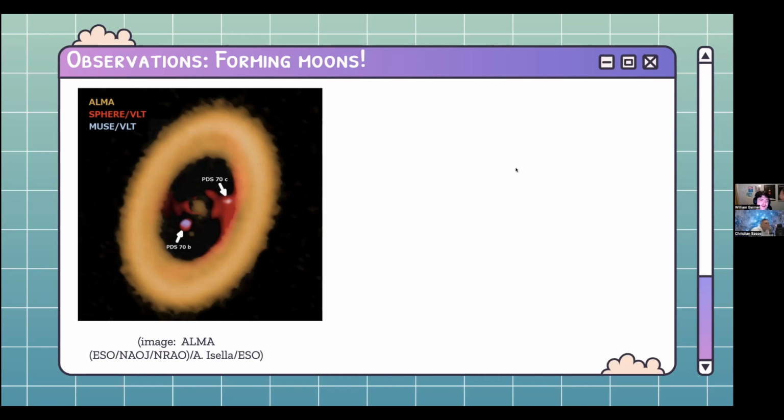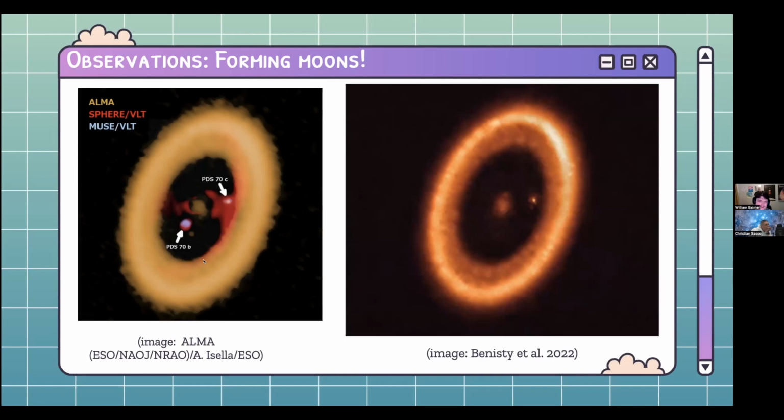But if you upgrade that telescope a little bit and use some higher resolution settings and some astronomical wizardry, you can get this image in 2022. This is resolving the planet in radio emission from this outer edge of the disk. And if you notice, the planet itself has this sort of extended region of emission around it that's glowing in the same wavelengths as the rest of the disk.